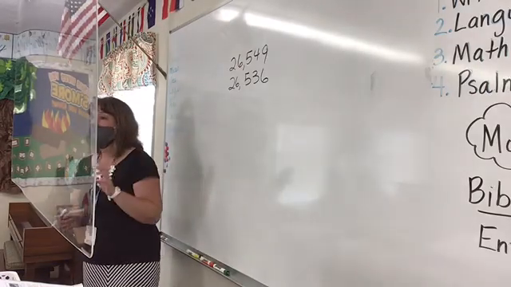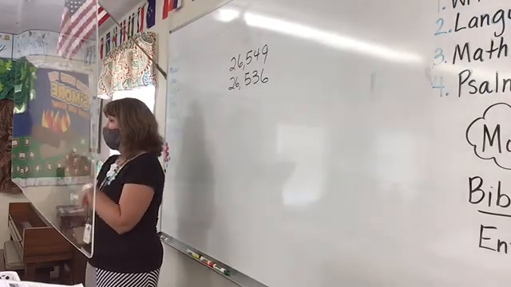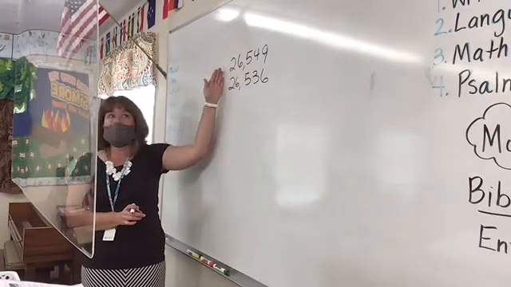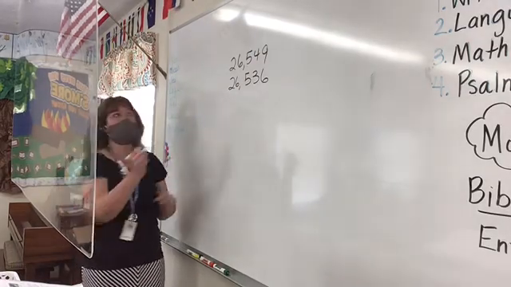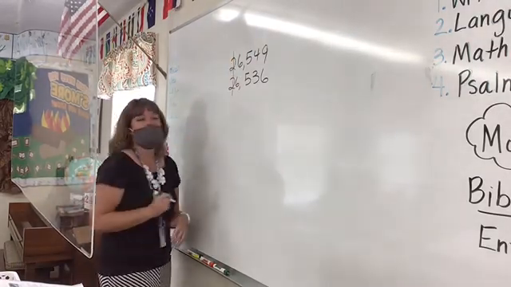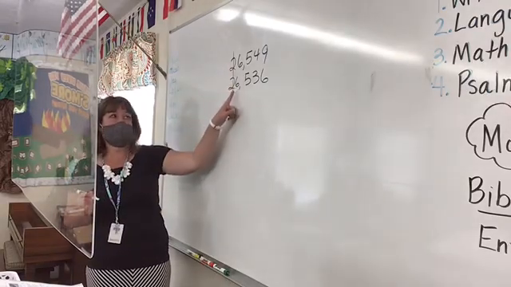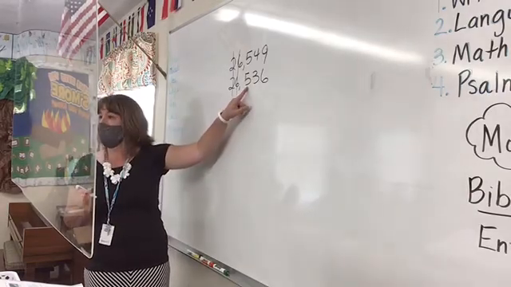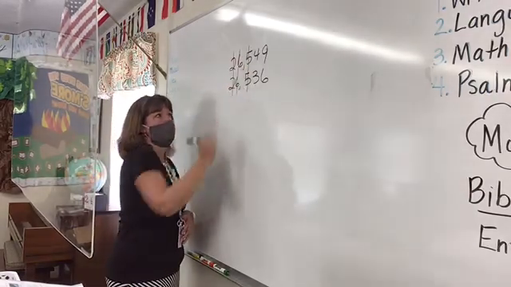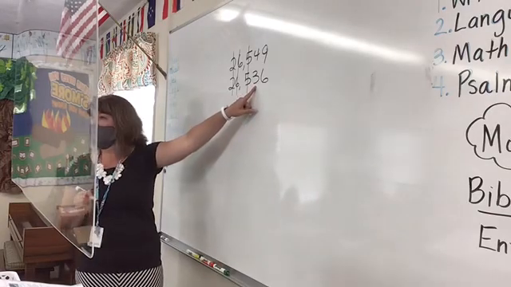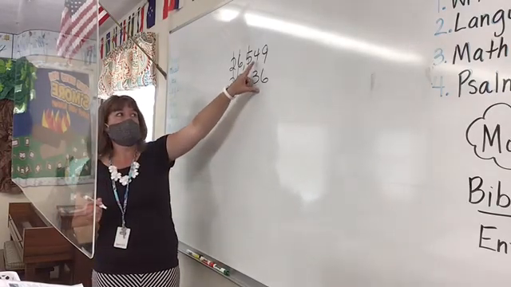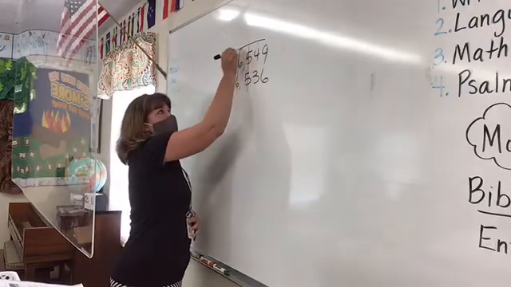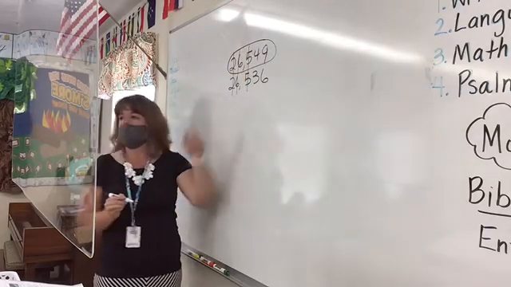Now, what they did, in order for you to tell which number was bigger, you start at the digit with the greatest value, and if they're the same, you cross them out. Go to the next digit. If they're the same, cross them out. Go to the next digit. If they're the same, cross them out. Go to the next digit. Are they the same? No. Which one's larger, 4 or 3? 4. The 4. So that makes this whole entire number bigger than this one.